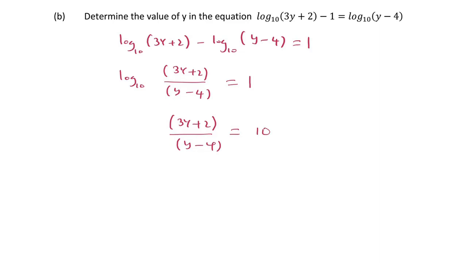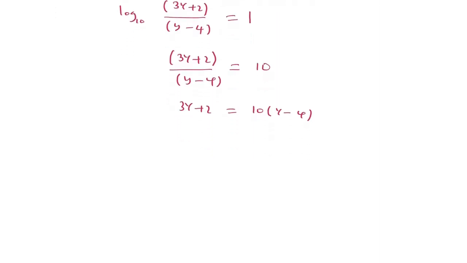Then our expression is going to be 3y plus 2 equals to 10 in brackets y minus 4. Okay, so let us open the brackets. Our equation is going to be 3y plus 2 equals to 10y minus 40.